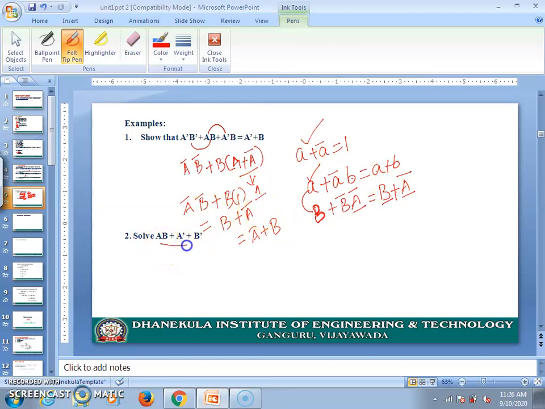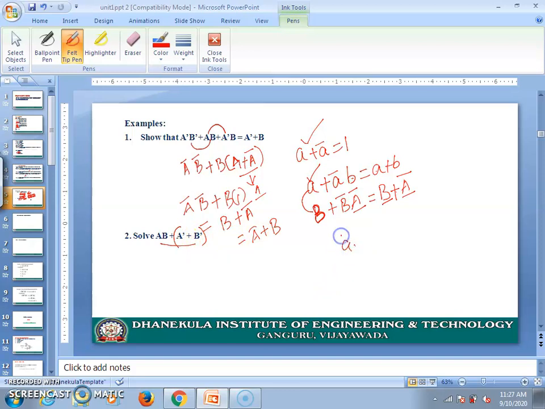Next, coming to the second example. If you observe this, the terms look like one of the De Morgan's theorems. What are the De Morgan's theorems available here?